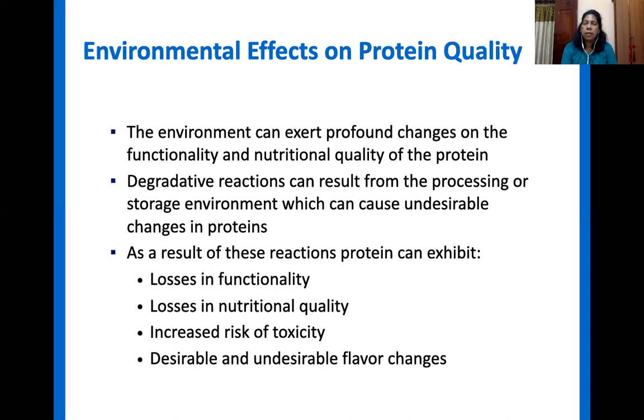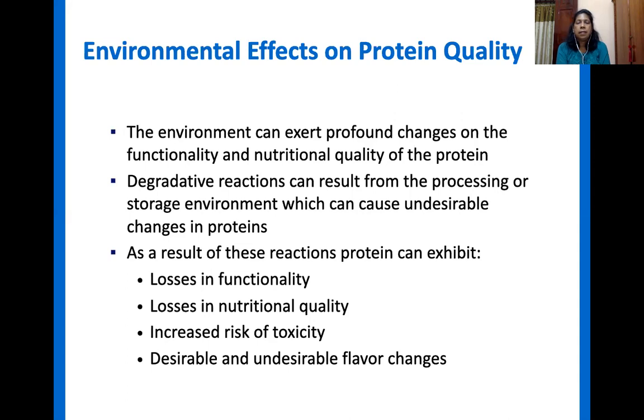So what are the functional properties of the protein? Now you have learned about the functional properties. The functionality of the protein will be changed. What are the basic functionalities? Because you have learned those under food chemistry. Solubility, yes. Emulsification, yes. Foaming ability, yes. And gelation, yes.